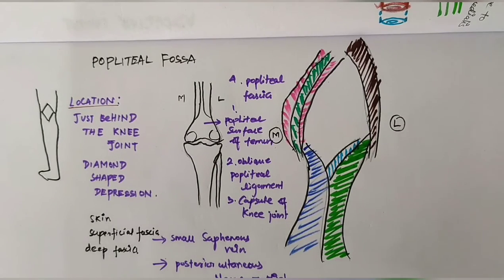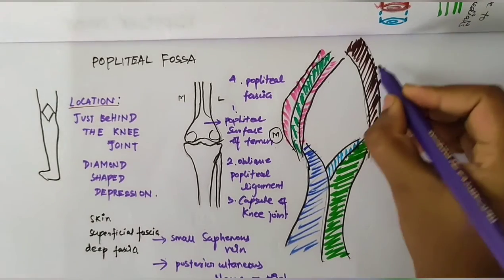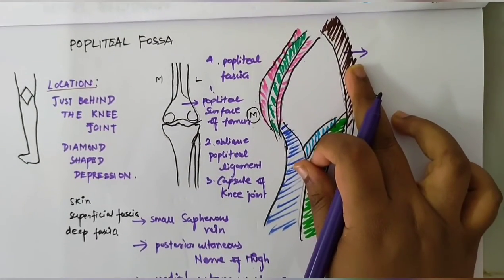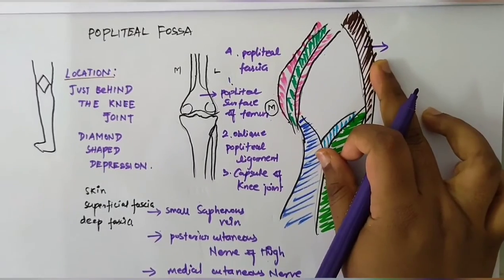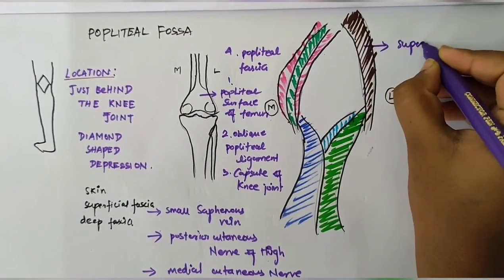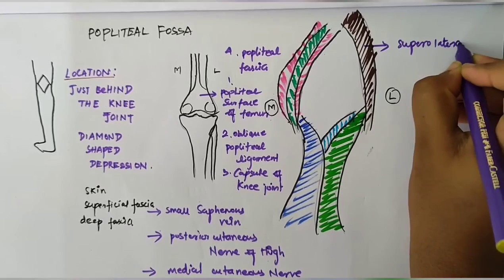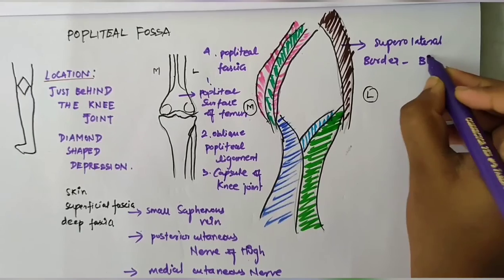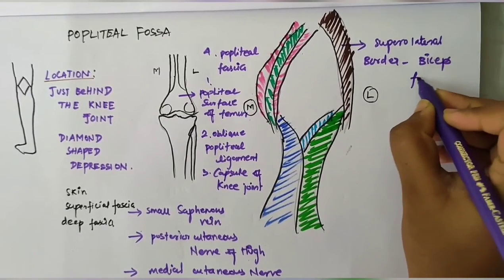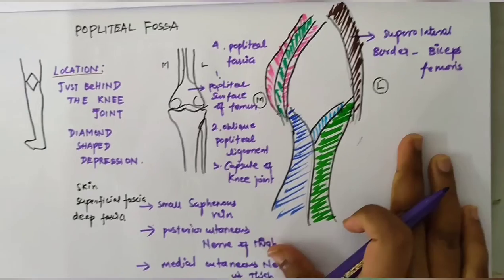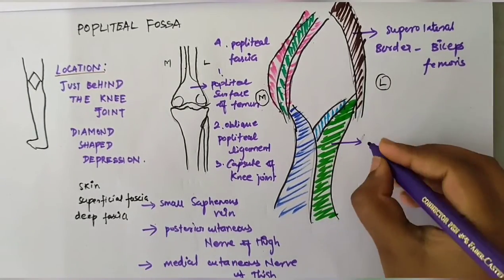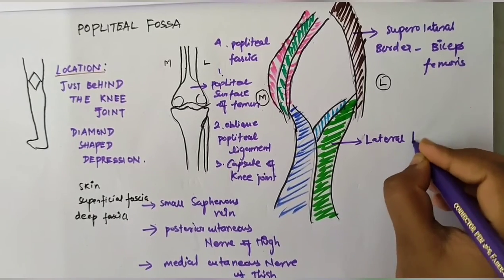I differentiate these muscles in different colors. This is the supralateral border. Supralateral border, biceps femoris, and then the infralateral border is formed by the lateral head of gastrocnemius muscle.